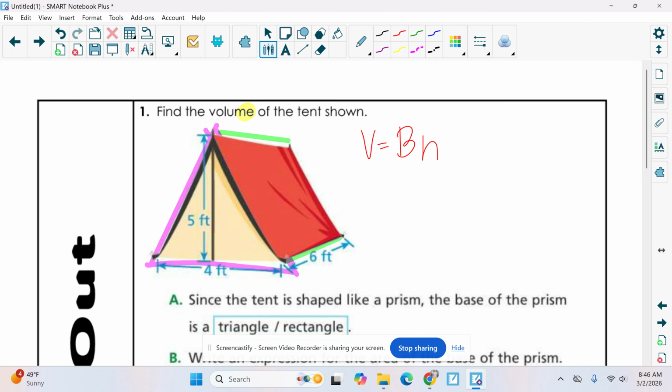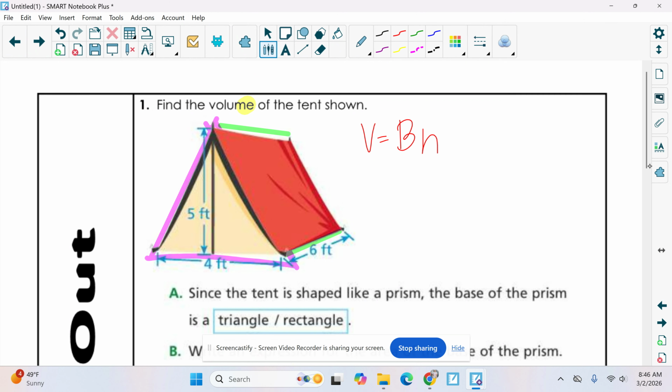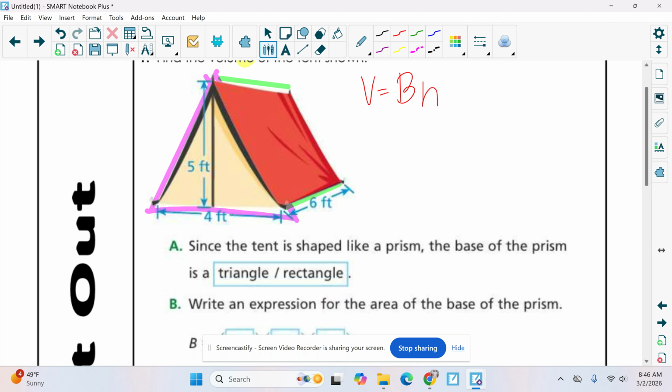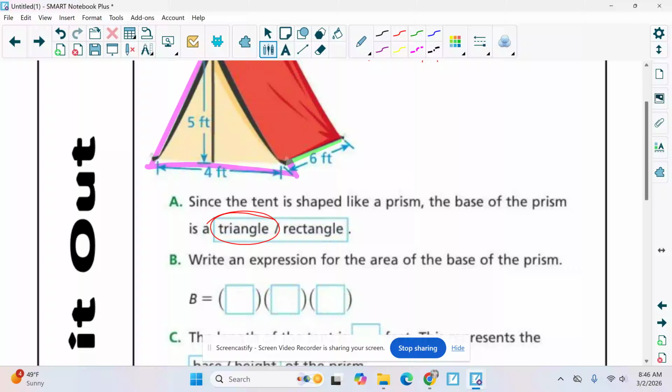Well, since the tent is shaped like a prism, the base of the prism is a triangle. Write an expression for the area of the base. Well, if my base is a triangle, then what formula am I going to use for the base?